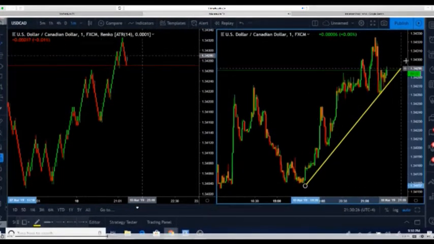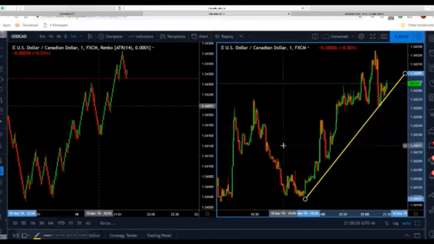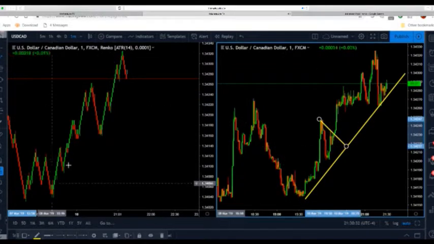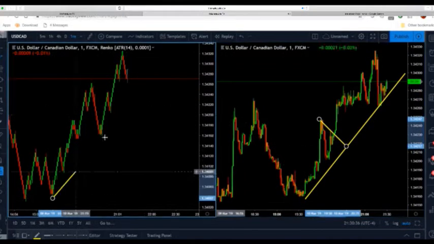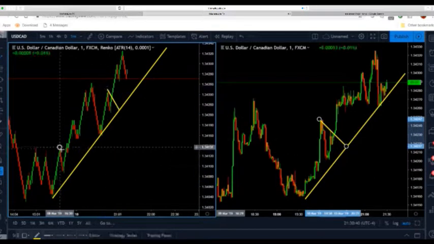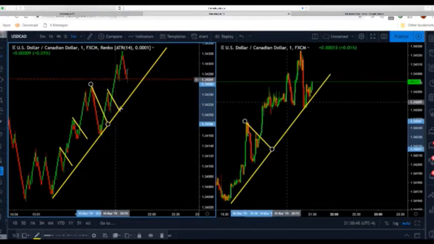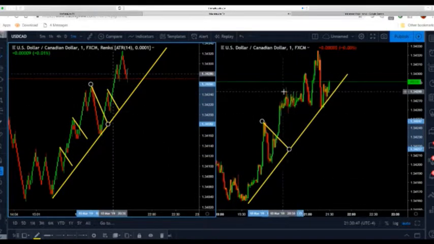So if I identify this uptrend here, what looks clearer as far as a flag? This? Or, I'm on the 1 minute over here, does this look clear? Or this, or that? Which one looks more clear as a flag?